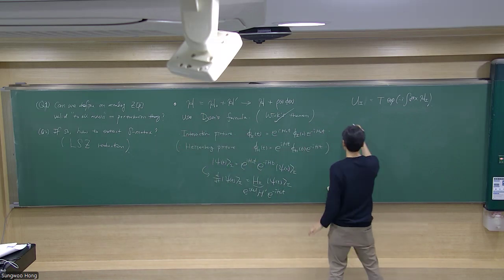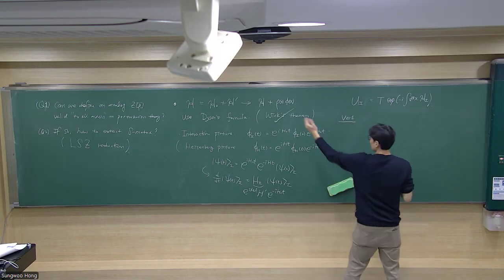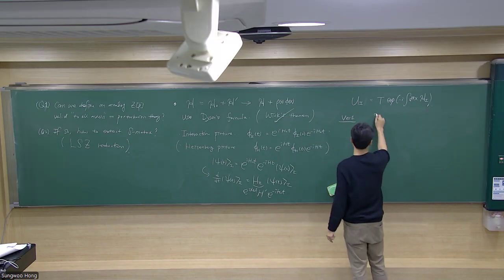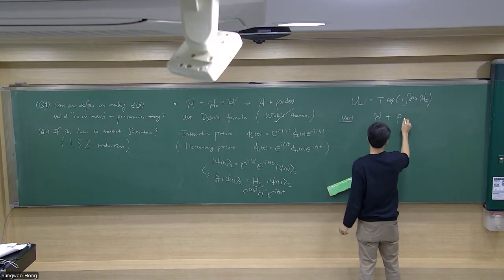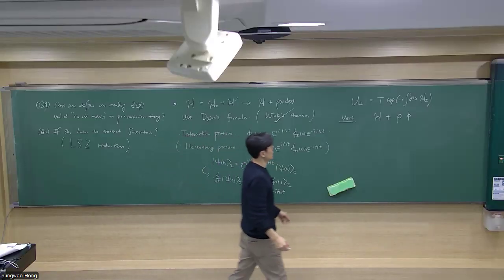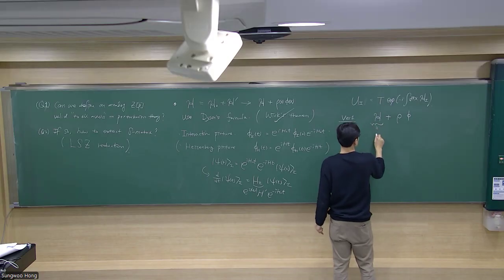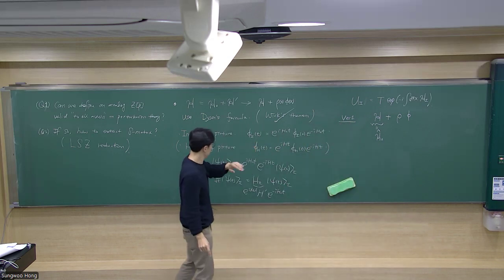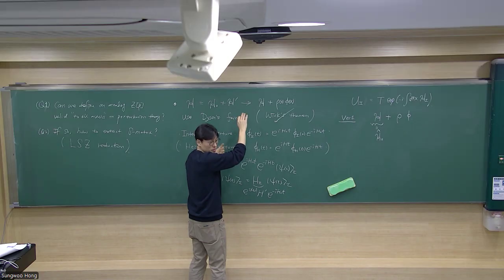So we will do two different ways. In version 1 of the analysis, there is a Hamiltonian density H of the original QFT that you want to understand, and then rho dot phi, the source term. We will run this Dyson's analysis by taking the full Hamiltonian as my base part. Remember, Dyson's analysis takes one part to be the base, and the other part to be the interaction or perturbation.